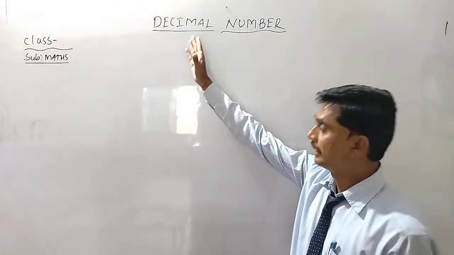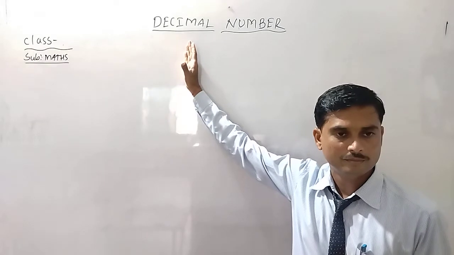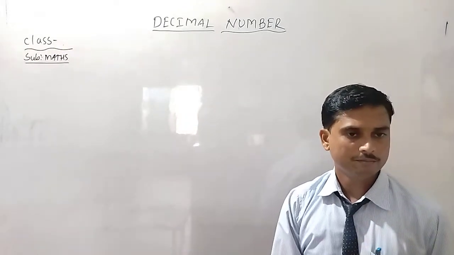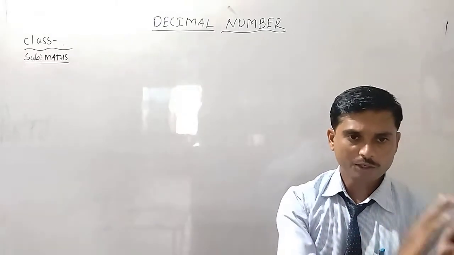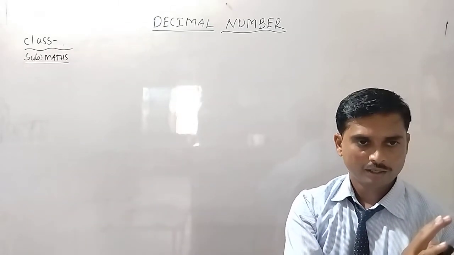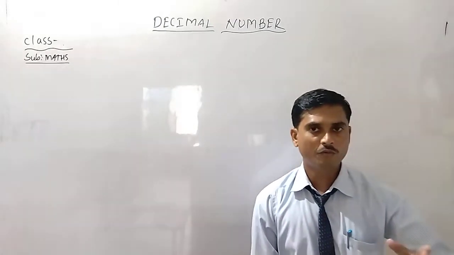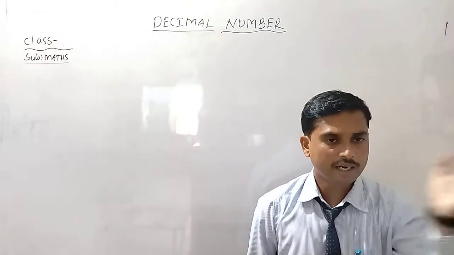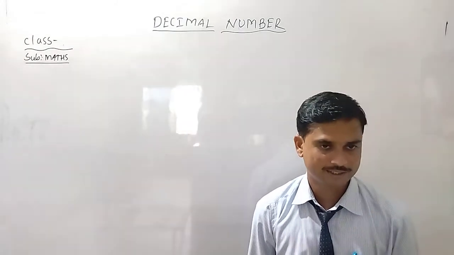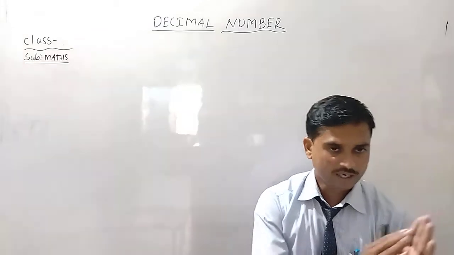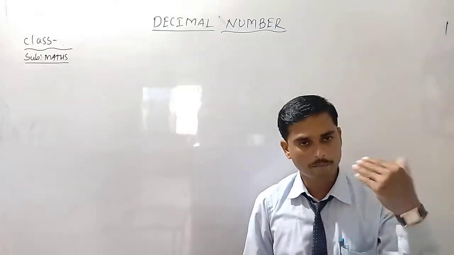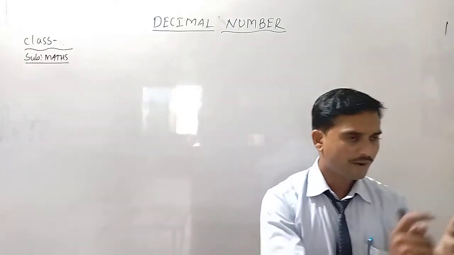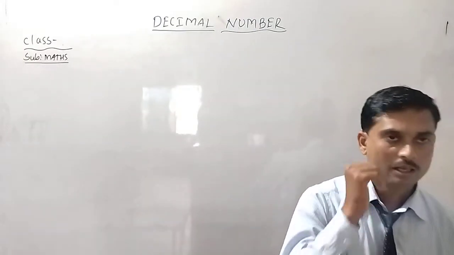Now another point. You know that one coin has two faces. Fraction and decimals are like that: one coin, two faces, but the numbers are the same. What is a fraction?